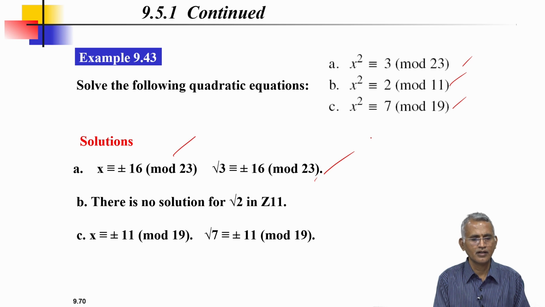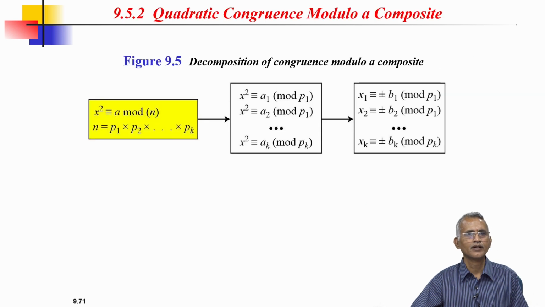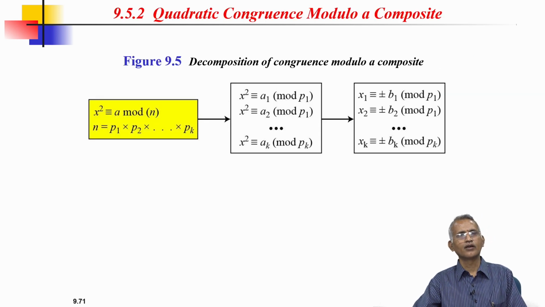For the second one, x square identically equal to 2, x equal to root 2. So, root 2 under modulo 11 has no solution. And x square is identically equal to 7, then x equal to root 7, so root 7 is plus or minus 11 under modulo 19. So, we have a solution. Like that we have to find the quadratic residue.